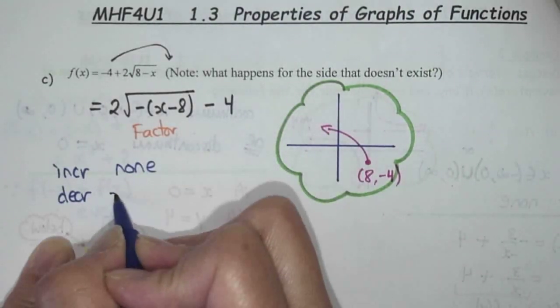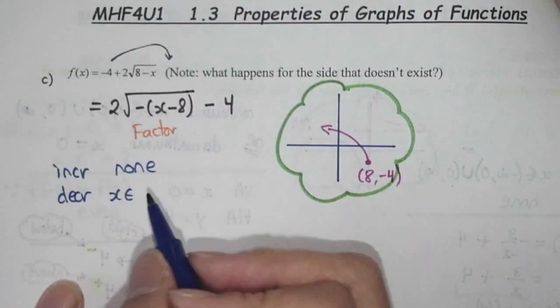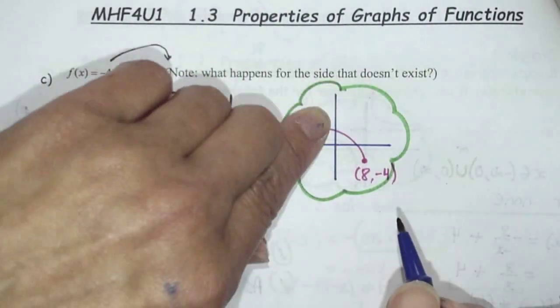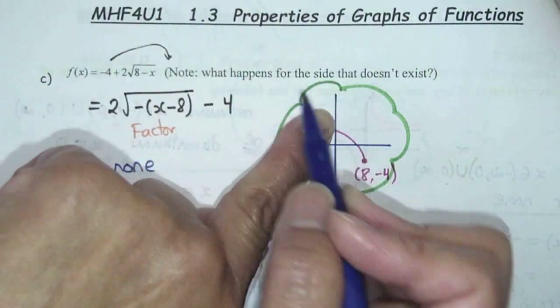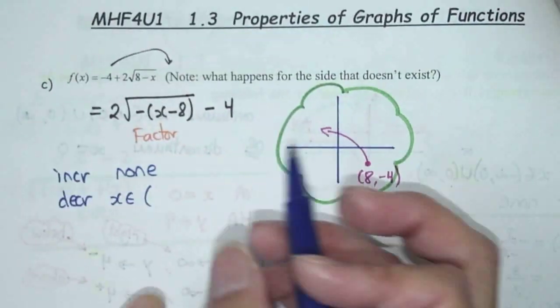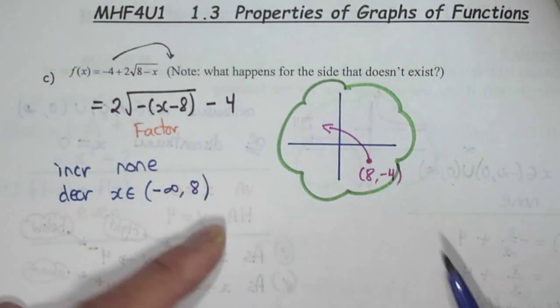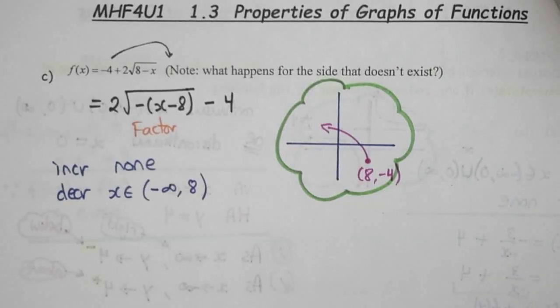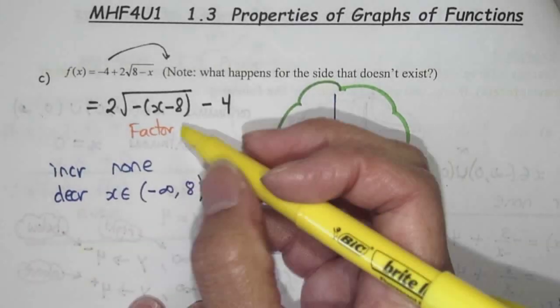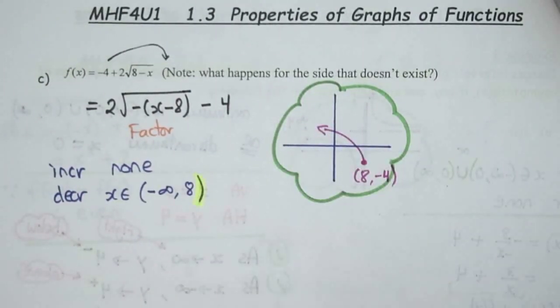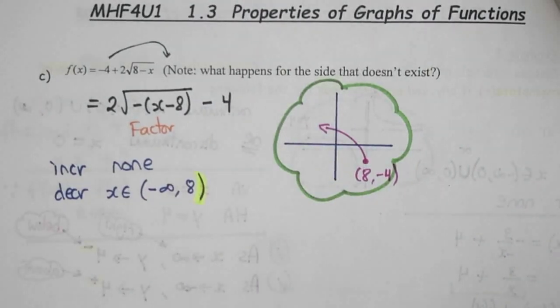So we're going to go x as an element of, from, right? So decreasing the whole domain, and we know it continues on the left side. So it's going to be from -infinity all the way to 8. We're not going to include the 8. Although it's not churning, we're still going to not include it because it's not increasing or decreasing at that point. We're going to leave it as a round bracket.